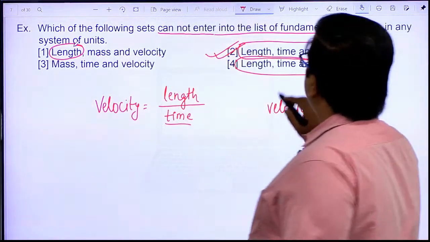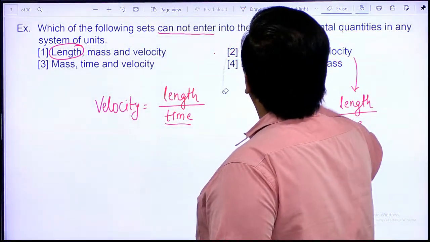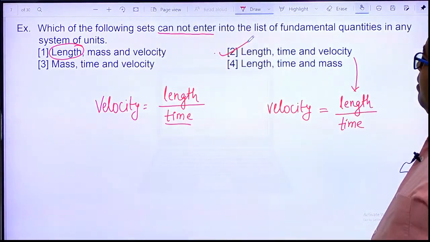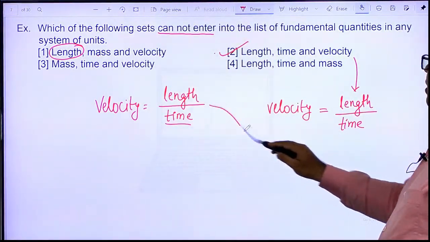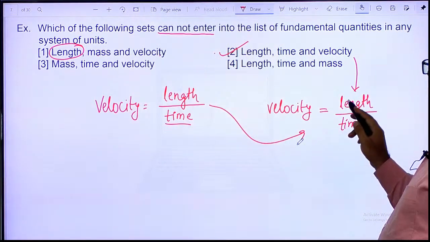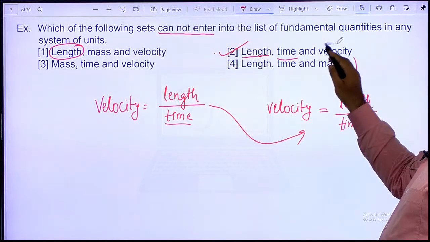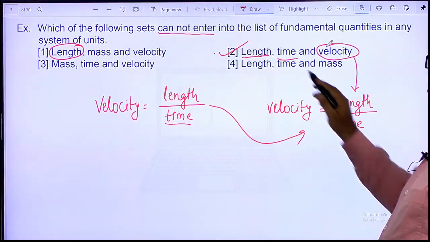But in the second case, velocity can be written with this formula I have written here: length by time. You have length, you have time. So velocity can be derived using length and time.